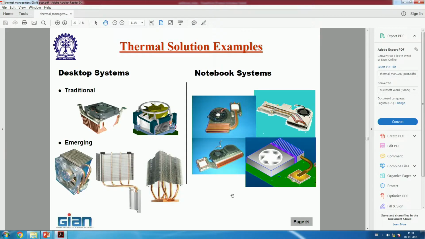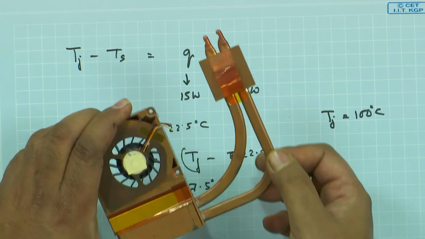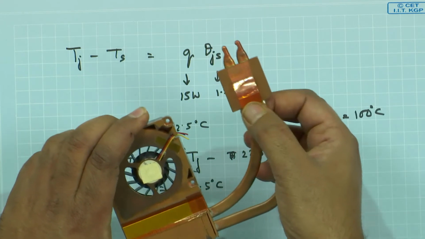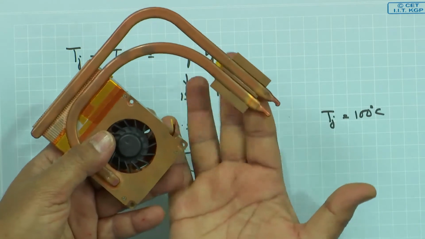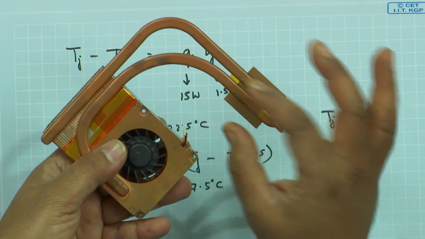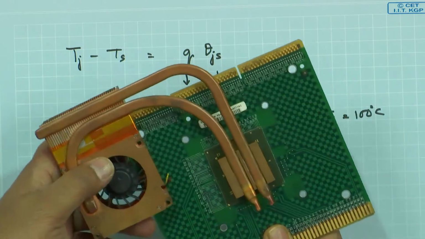So as you can see, these two, what look like copper rods, are actually heat pipes. This is where the CPU is. This copper plate to which the heat pipe is bonded actually sits on the CPU, maybe like this.